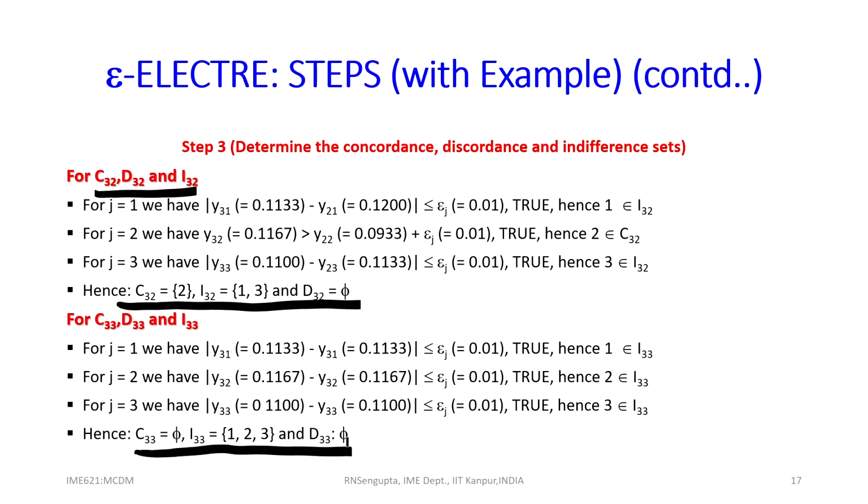One important thing, when I am comparing C11, D11, I11, C22, D22, I22, C33, D33, I33, in all the cases, the concordance and the discordance set will always be null. The indifference set would basically have all the elements in the I set.